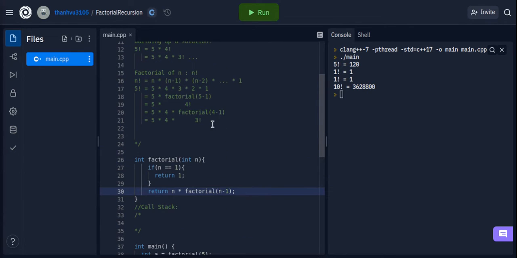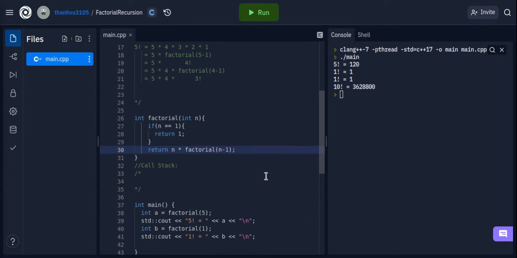What happens here is that when we reach 1, the calls give us 5 times 4 times 3 times 2 times 1. When we reach the base case, there is no further recursive call to make, so we reach the end of the function, and that is when the stack starts to unwind.